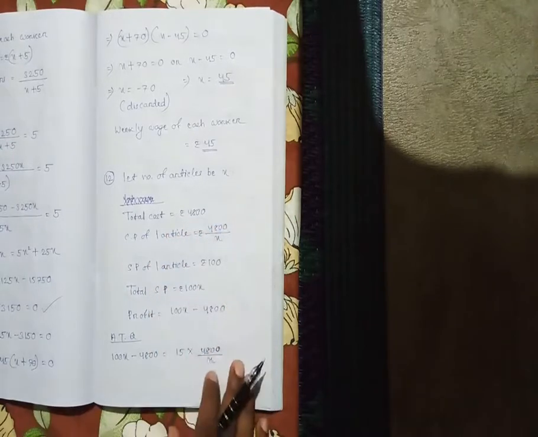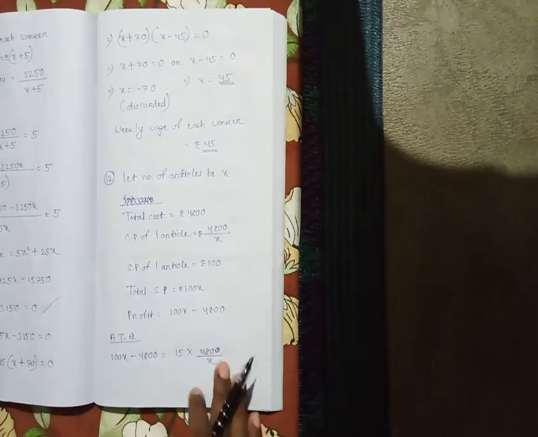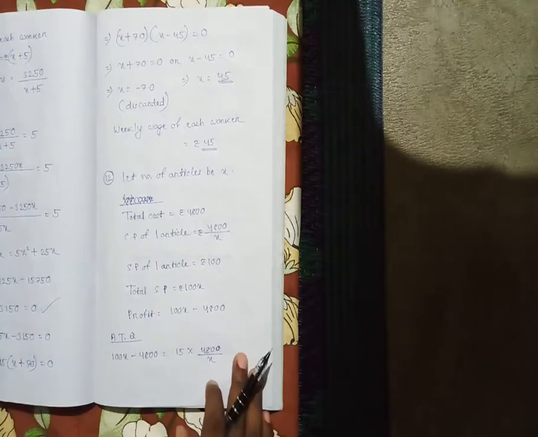Now move to number 12. The total cost price of a certain number of identical articles is rupees 4800. By selling the articles at rupees 100 each, a profit equal to the cost price of 15 articles is made. Find the number of articles bought.